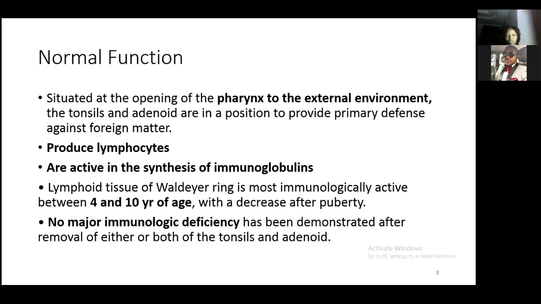Basically, they produce lymphocytes and are active in synthesis of immunoglobulins. The lymphoid tissue of the Waldeyer's ring is most immunologically active between ages 4 and 10, and then it decreases after puberty. There's no major immunological deficiency demonstrated after removal of either tonsils or adenoids.